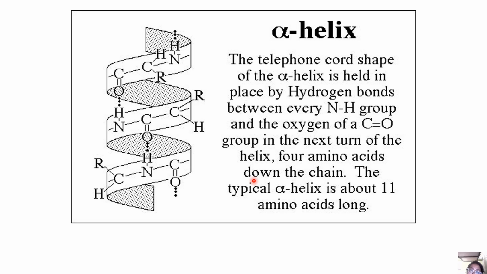The telephone cord shape of the alpha helix is held in place by hydrogen bonds between every NH group and the oxygen of a CO group in the next turn of the helix, 4 amino acids down the chain. The typical alpha helix is about 11 amino acids long.